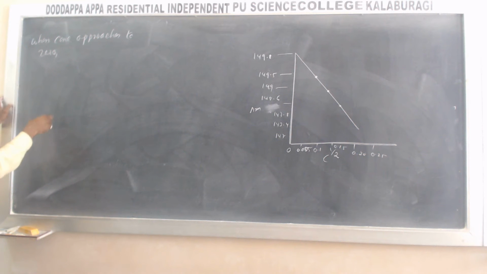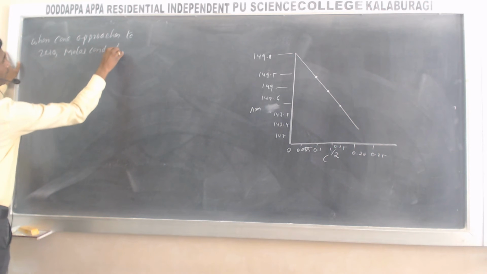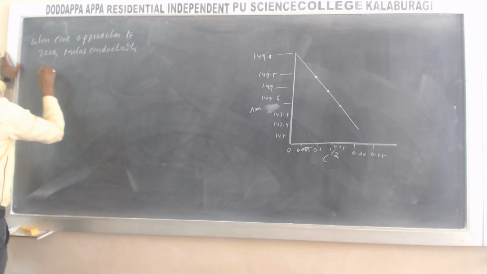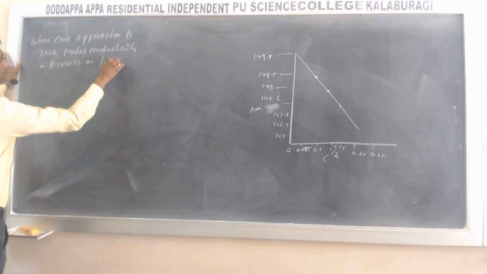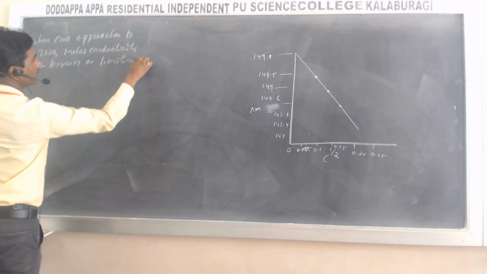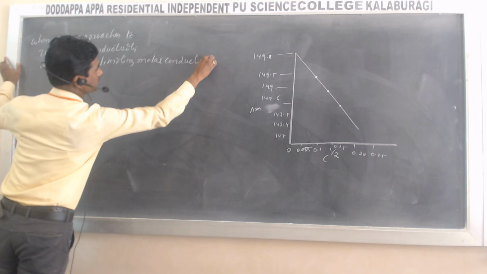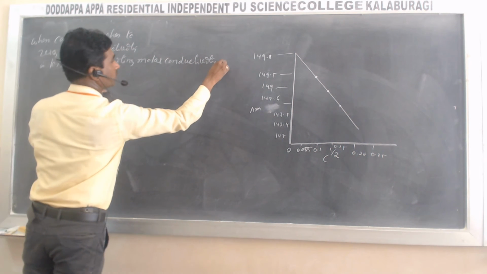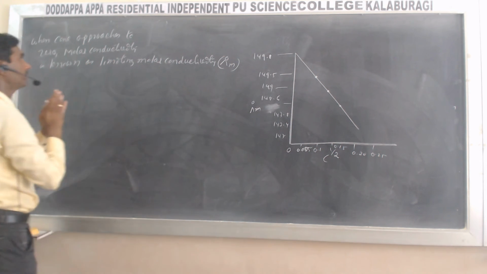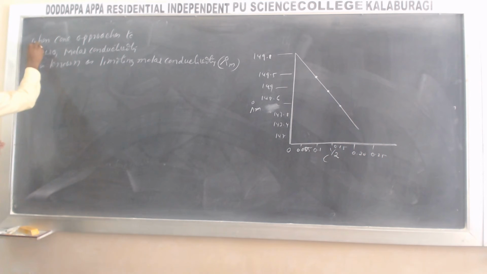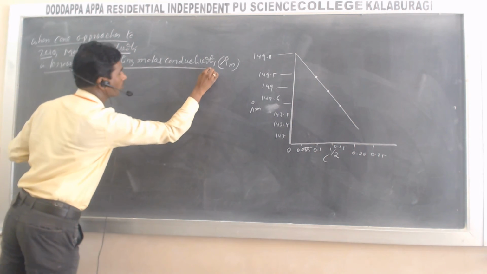When concentration approaches 0, the molar conductivity is known as limiting molar conductivity, and is denoted by the symbol lambda naught of m. Lambda m is molar conductivity.